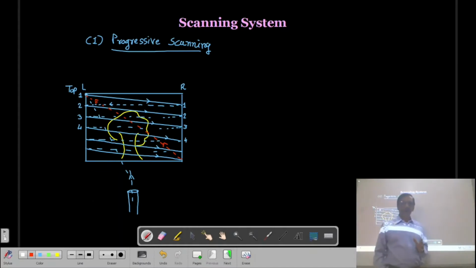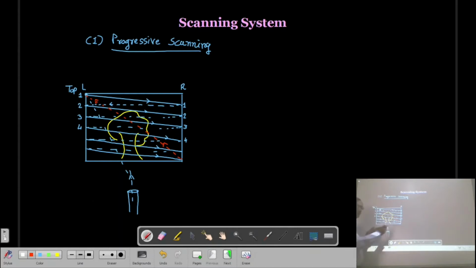Again, it will read line number 1, line number 2, line number 3, like this. So, in this way, the frame is going to be scanned sequentially. Line 1, 2, 3, 4, 5. In this sequence the picture is going to be scanned, and therefore it is known as progressive scanning.